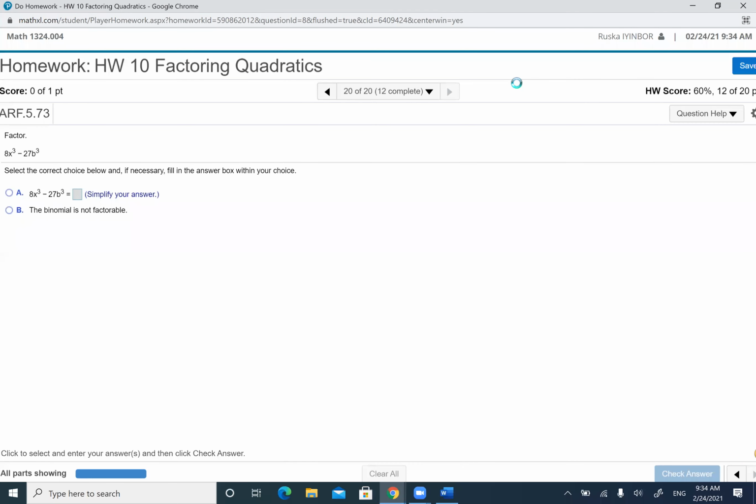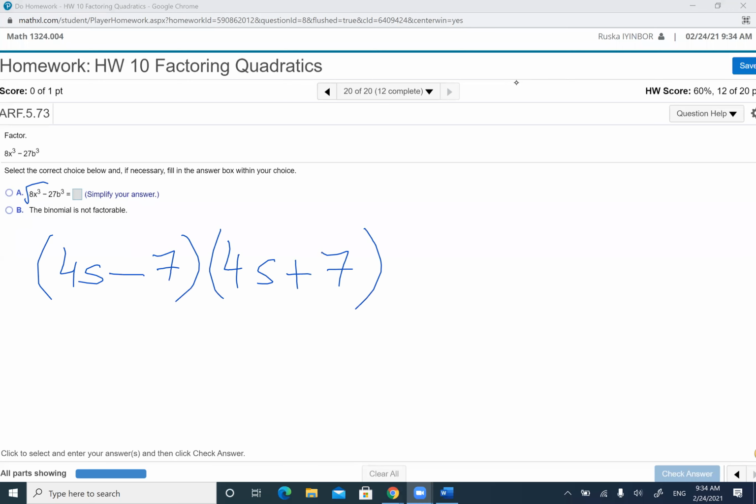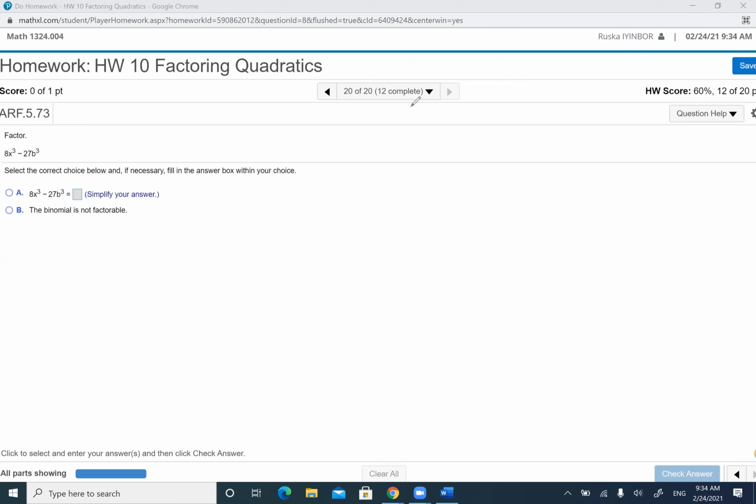Let's see, number 20. Number 20, it's x cube. So let me give you the formula for cube. Remember when it's a square, you have a squared minus b squared. Here we have a different formula if it's cube.